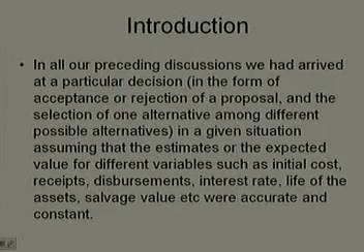Now, these were done assuming that the estimates for different variables were fixed. What are the variables? Initial cost, receipts, disbursements. Disbursements is nothing but outgoings. Receipts is nothing but incomings. Interest rate, life of the assets, salvage value. We had assumed all these variables to be constant. Clear?